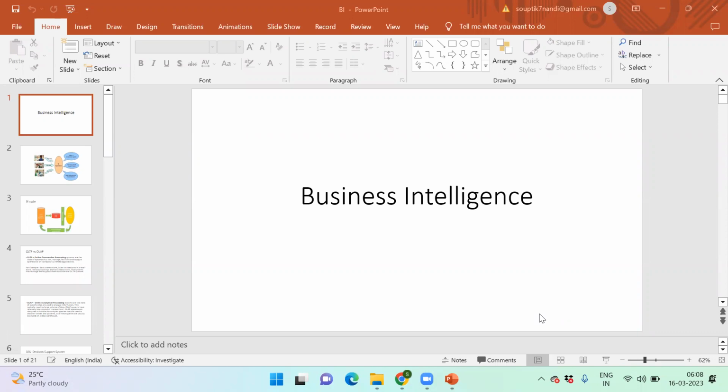Today onwards it will be a new topic, business intelligence. I'll be covering it for the rest of the 2 days, today and tomorrow. After that, the Python chapter will start, from Friday. Business intelligence is the overview of why data engineers are required in this kind of business nowadays. So this is the usefulness of business intelligence: why we are using SQL, why we are using Python and all these things from the data engineering perspective.